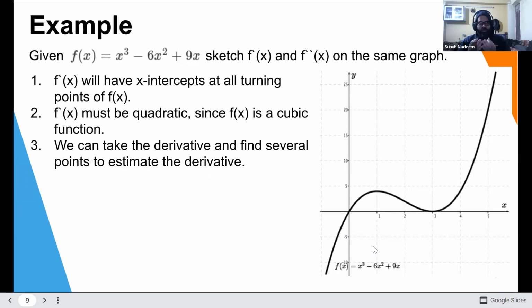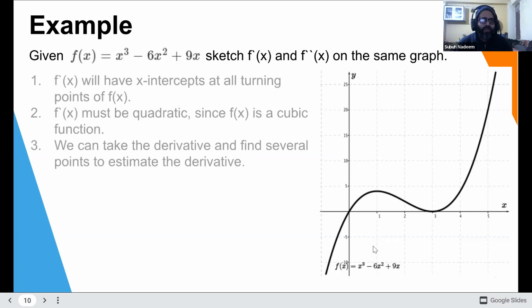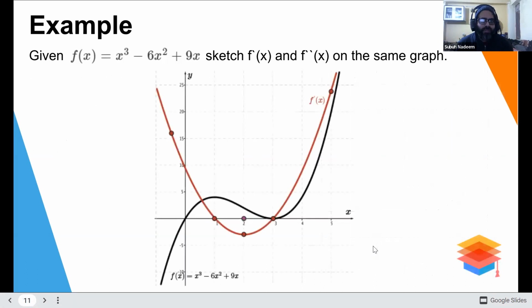There the derivative is 0. Since the function is cubic, the derivative will be quadratic: 3x squared minus 12x plus 9.